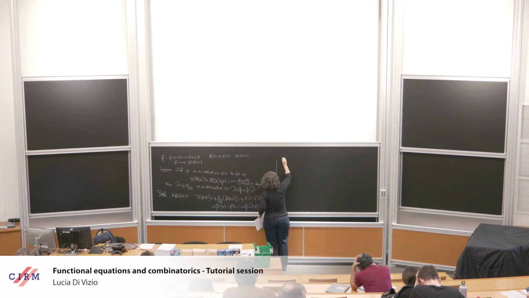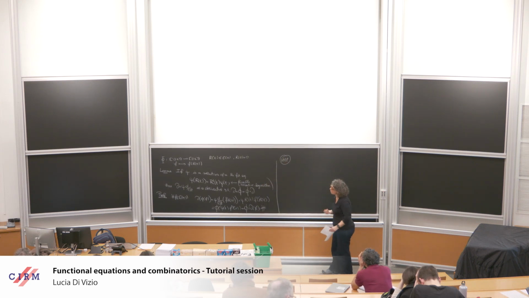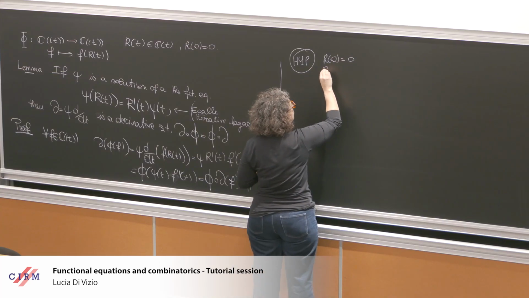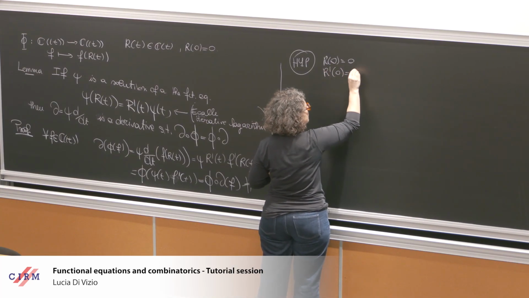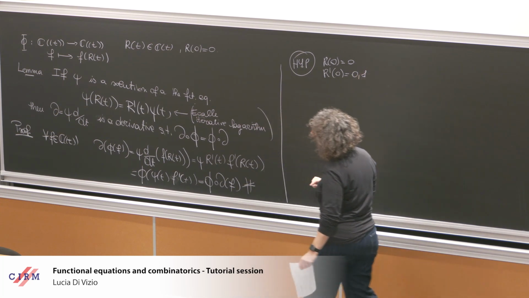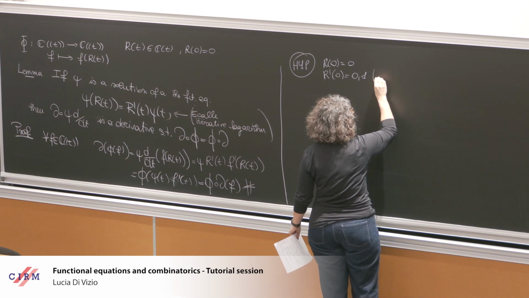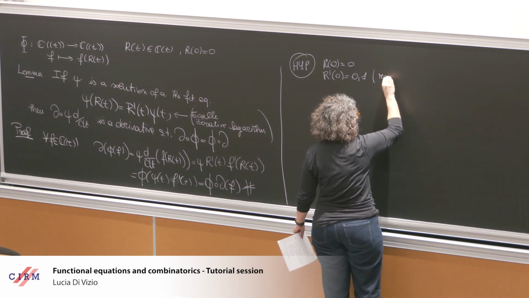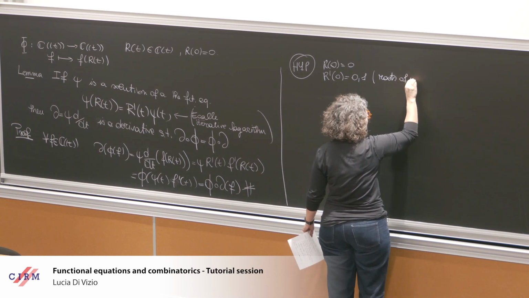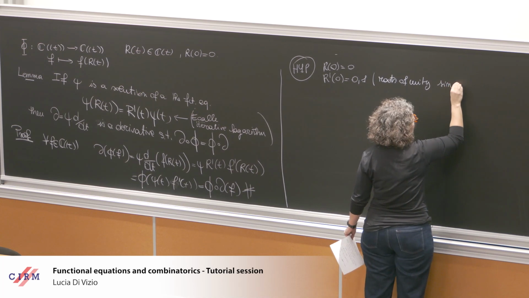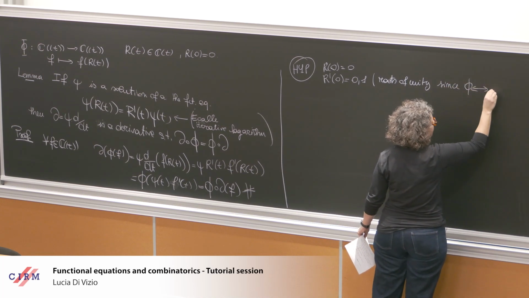So there are two. For all of the talk, I'm working under this hypothesis, which is not really essential, but I will comment on it. So r of 0 is equal to 0, r prime of 0 is equal to 0 or 1. And actually, this includes the cases where you take roots of unity, since one can replace phi by a power of phi.